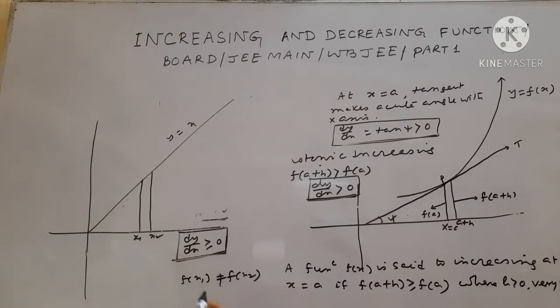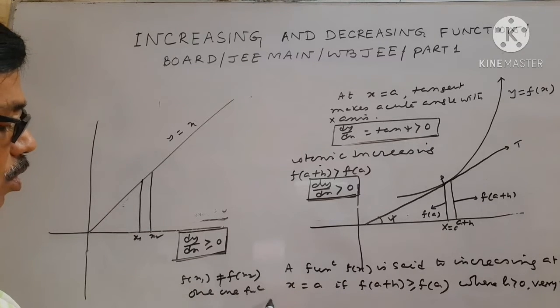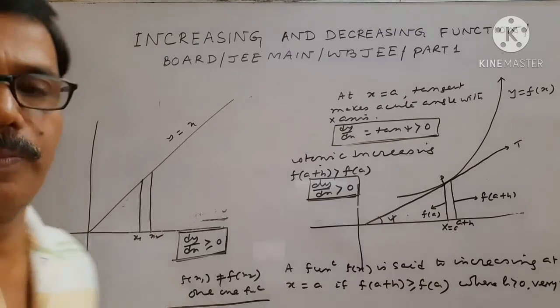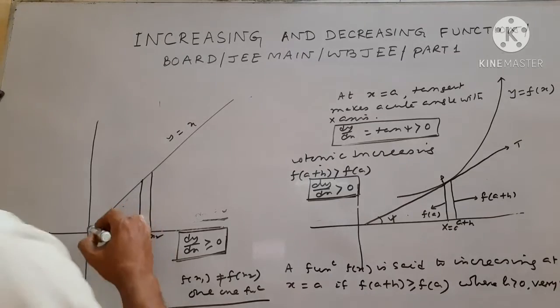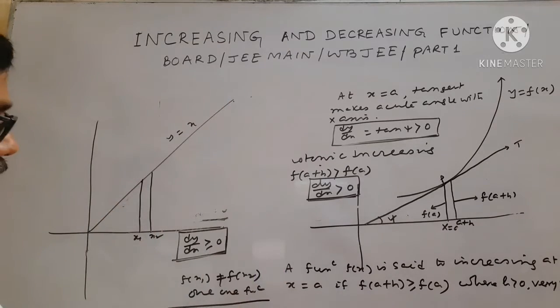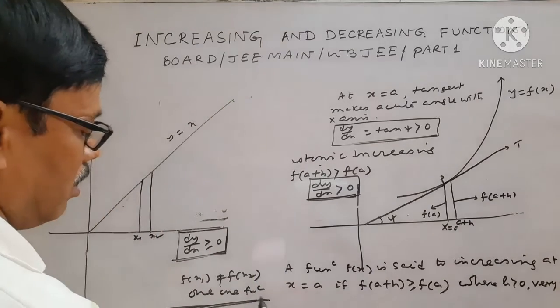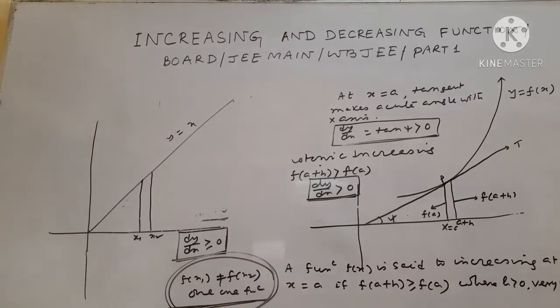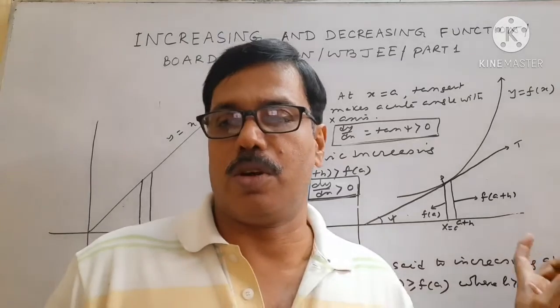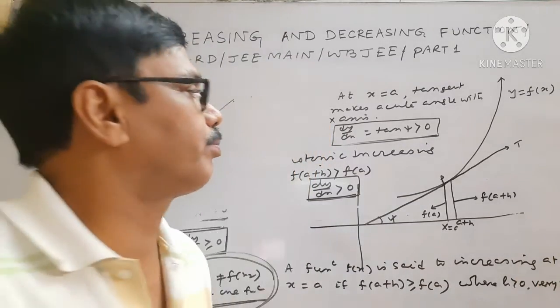That is, it is a 1-1 function or mapping. So if a function is strictly increasing, then it is a 1-1 function. You recall this property. So this is for increasing.